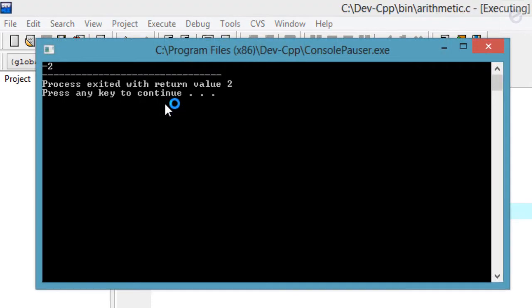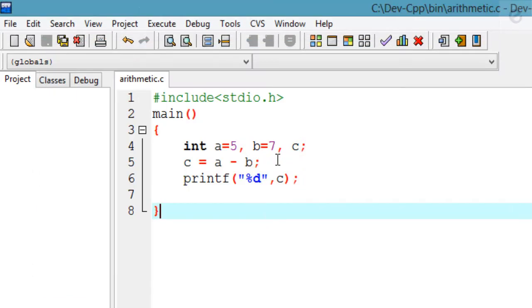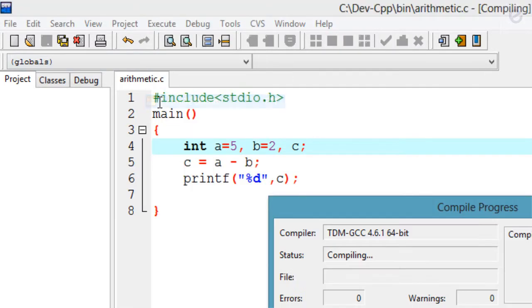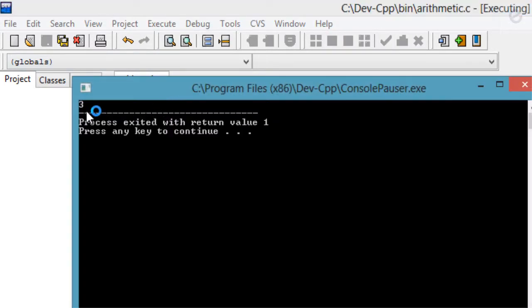When we compile and run the program, the result printed would be minus 2. Now if we replace the value of b by 2, then we all know that the value of a minus b would be 3, and if we compile and run the program, the answer printed would be 3.